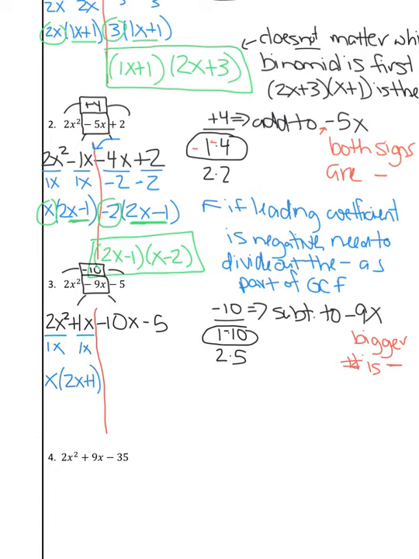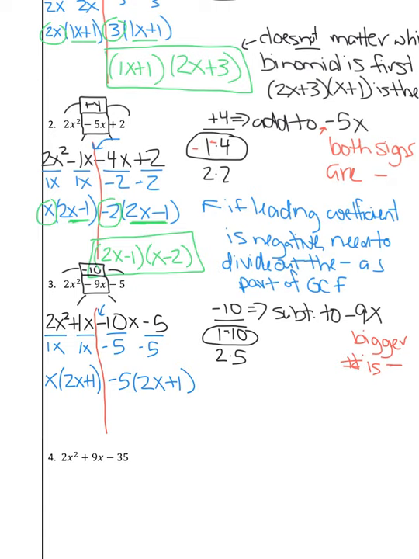If we multiply this back out, it ends up being 2x squared plus 1x. And then over here, dividing out again, my leading coefficient is a -10. So that means we need to take out a negative, and then I look at 10 and 5, I can divide 5 out of both of those. That's my GCF. So I'm going to take out a -5. -10 divided by -5 is +2 times that x. -5 divided by -5 is a +1, right?